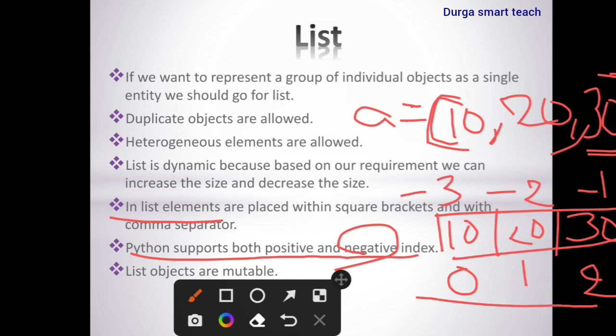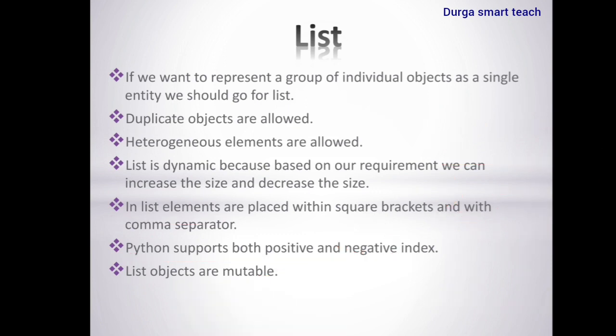Positive index starts from 0. Negative index starts from -1. Next one is list objects are mutable. So what is meant by mutable? Mutable means we can perform addition, meaning insertion operation, as well as deletion operations. Insertions and deletions are allowed, that is known as mutable. Okay, so changeable.